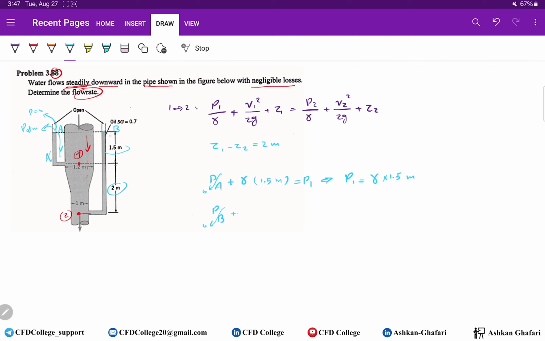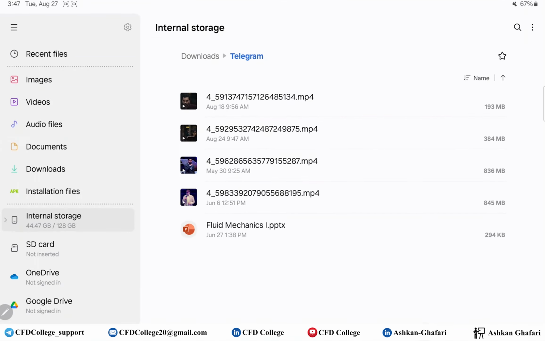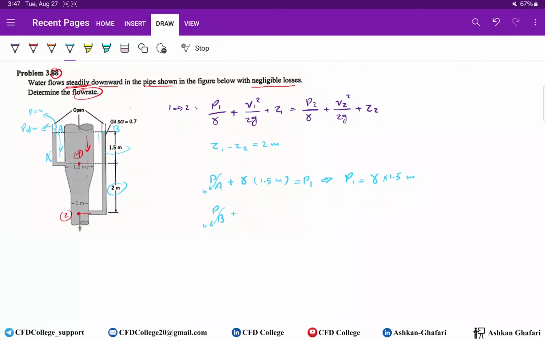So it's point B. I should go downward until I reach point 2, but here we have oil. It's important. Here we have oil, and here we have water.